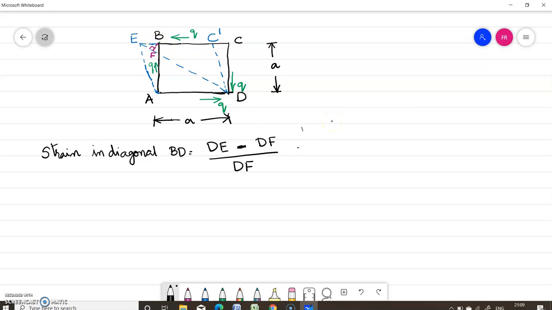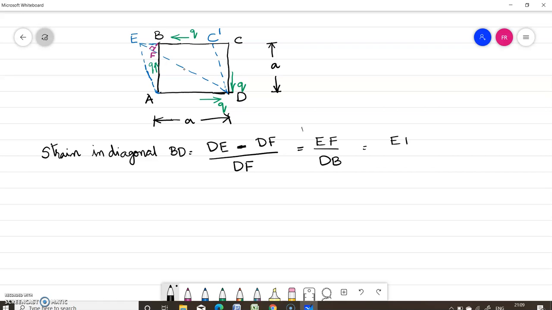So what is DE minus DF? This is DE, and DE minus DF is EF. So EF divided by DF, which is equal to DB, the length of the diagonal.